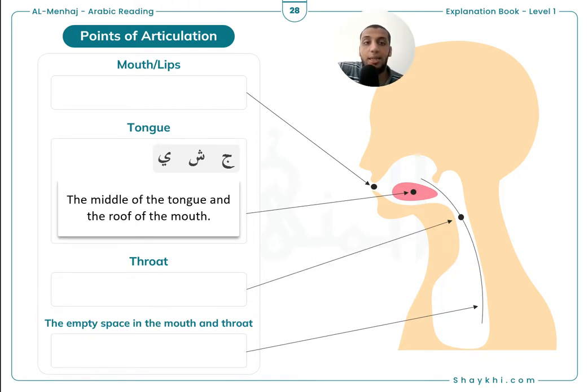So let's discuss this in detail. As we said before, we can divide the tongue into three main parts: the head part, which is nearest to the mouth, the back part, which is nearest to the chest, and the middle part of the tongue.